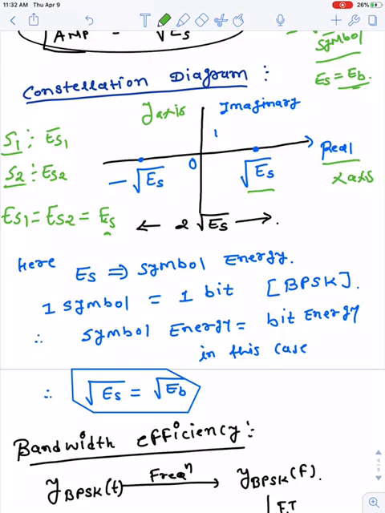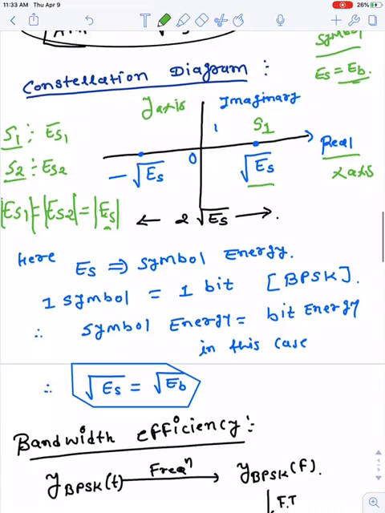Here we can represent symbol 1, S1, defined by the positive phase, so its amplitude is the square root of ES. For the second symbol, sorry, I have to write its absolute value here so that it may be better to understand, the absolute value of symbol 2 is equal to the absolute value of the square root of ES, right?